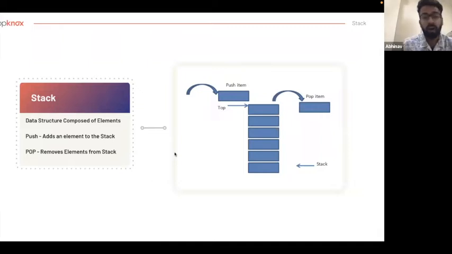Now I mentioned the stack in the previous slide. The third component, the obvious component, is the stack. The stack is a very important component in the binary. What is a stack? A stack is a data structure composed of elements. They hold certain data, and each element is referenced with an address.